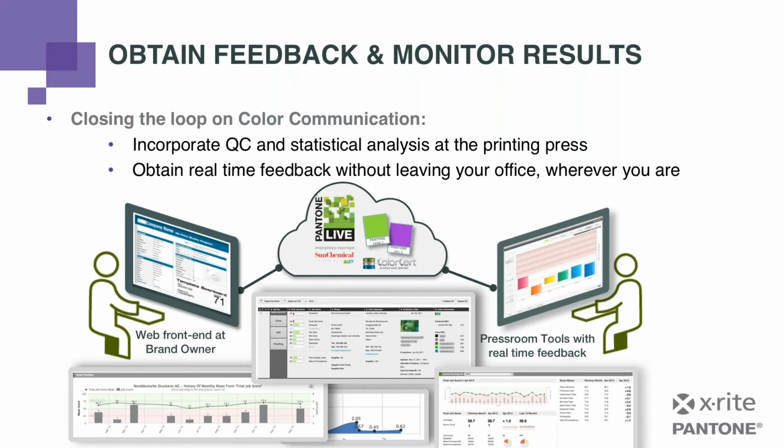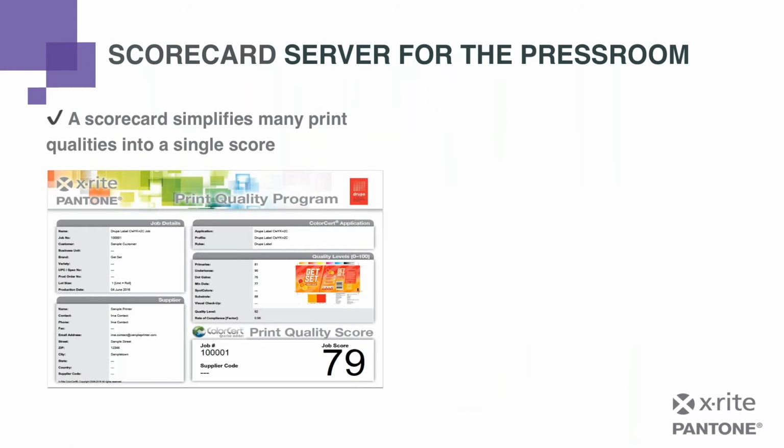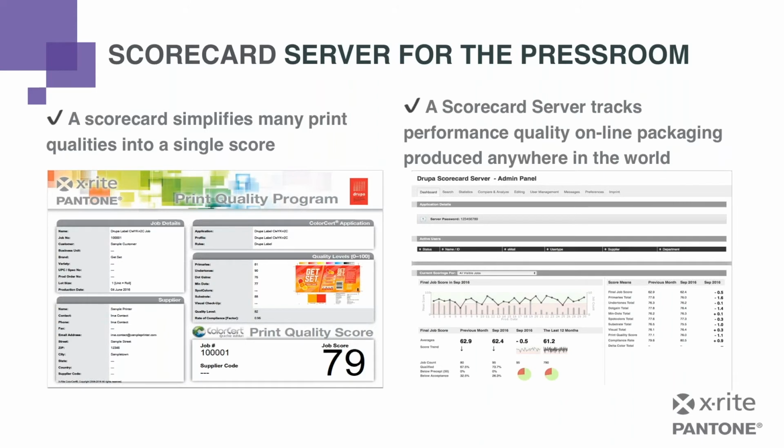So what we've done is we've combined all of these various key performance indicators into a single score. We're still evaluating the dot gain, the density, the delta E, and the tone value, but we're combining all of these into a single score so that it makes it easy to report on the quality of a job. The scoring runs from 0 to 100, and anything that's 50 and above is considered within tolerance.